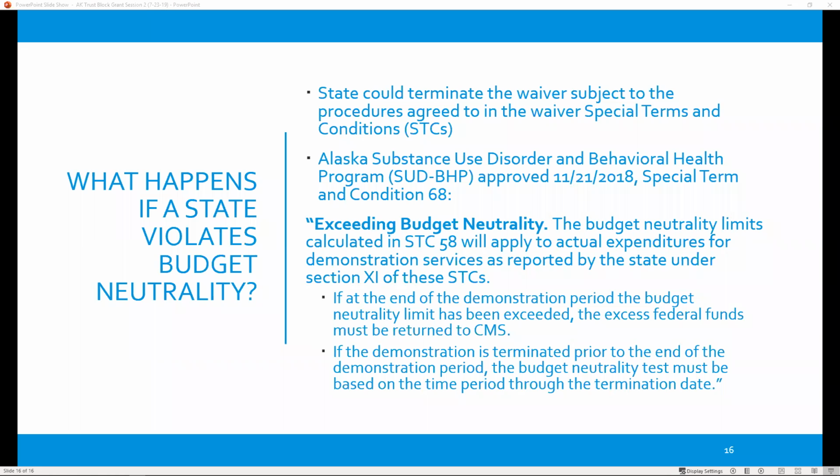But if they do decide to include mental health services and the mental health populations within the broader 1115 under a block grant, then would you anticipate that the existing 1115 for the block grant would then be subsumed within the larger 1115, or the existing 1115 for the behavioral health would be subsumed within the larger 1115, or would you anticipate that there might be two separate 1115s that would have an overlap of that population?